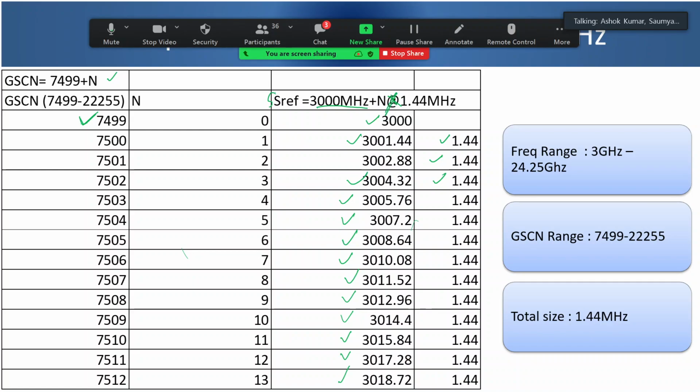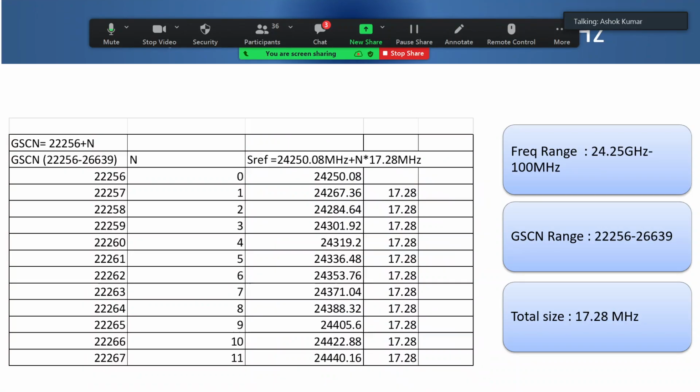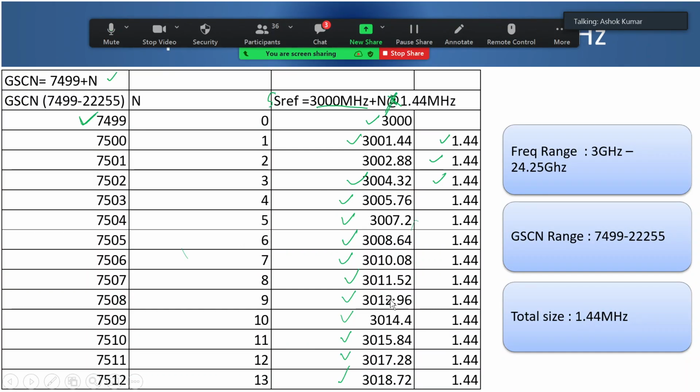So GSCN is a number. Every SREF is also denoted by a number called the global synchronization channel number. Many times the system will know only the channel number, say 7507.